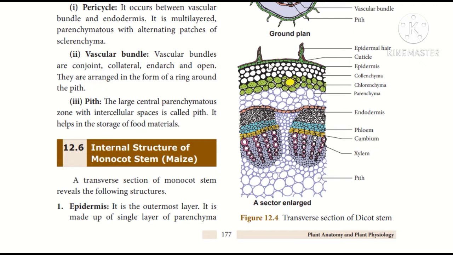And the outermost covering seen above the epidermis is a cuticle which is waxy in nature, and the main important function of the epidermis is to protect the internal organs, that is protective in function.